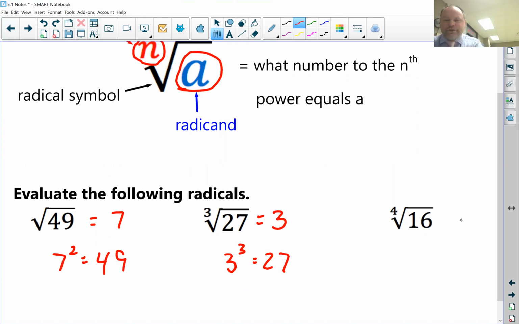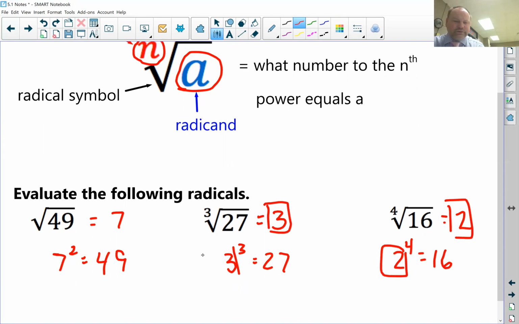The fourth root of 16 is 2, so 2 to the fourth power would equal 16. Most calculators can do multiple roots. It's just pretty difficult to set it up.